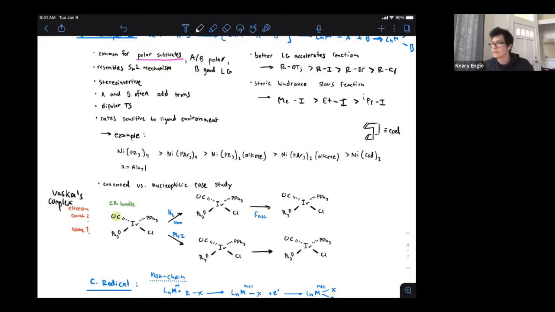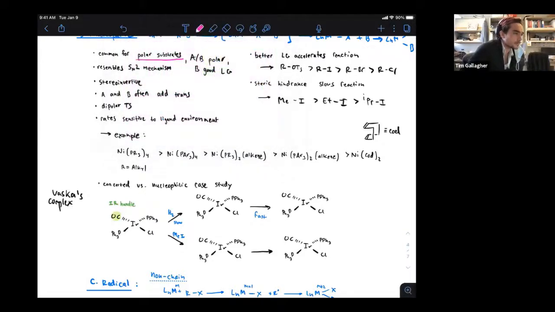And Tim, maybe I'll continue to torture you. How about electron count for this complex? So 3L ligands, 1X ligand. I've got to look at iridium in a second. 16.